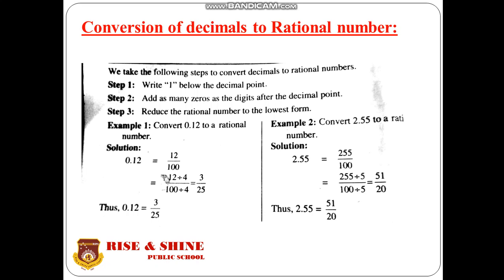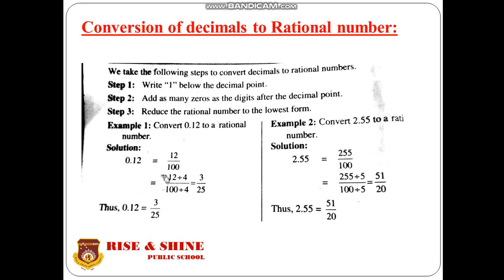For example, in the first example 0.12, first we have to put 1 below the decimal point, and then we see that after the decimal point we have 2 digits, so we have to put 2 zeros with 1. Step number 3, reduce the rational number to the lowest form.